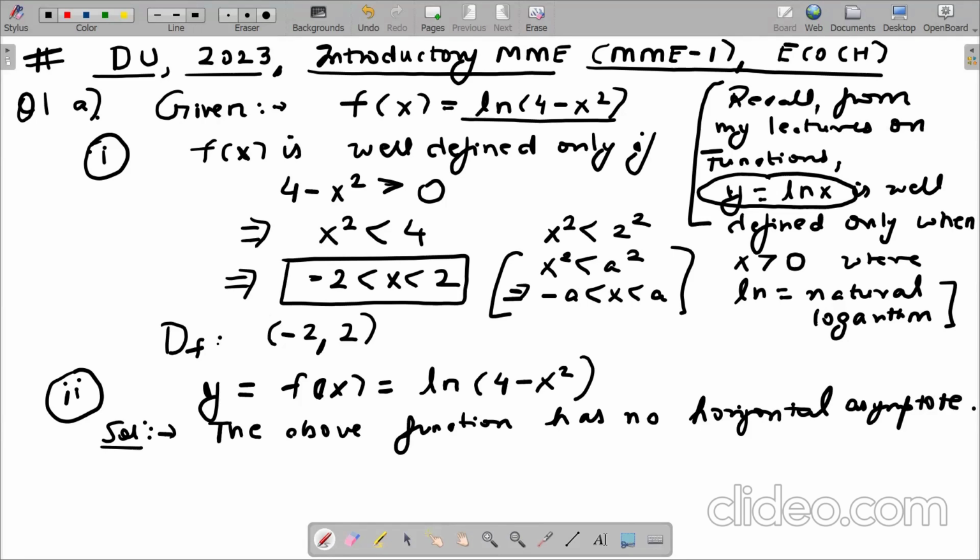A horizontal asymptote is basically a straight line such that the curve tends towards the line as x or y tend to plus or minus infinity. When I look at a horizontal asymptote, it's a straight horizontal line such that my function f of x tends towards that line as x or y tend to plus or minus infinity. In this particular case, the function has no horizontal asymptote and no oblique asymptote as well.